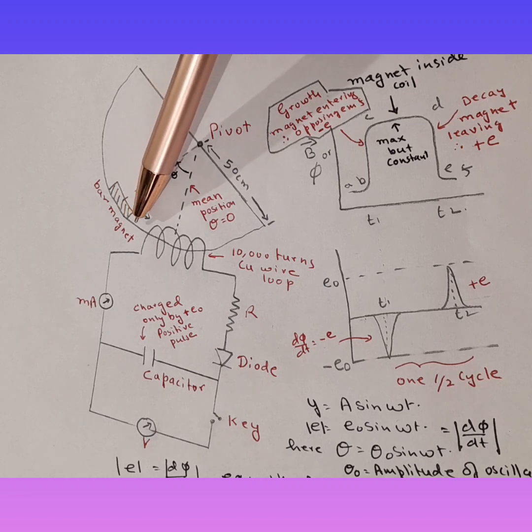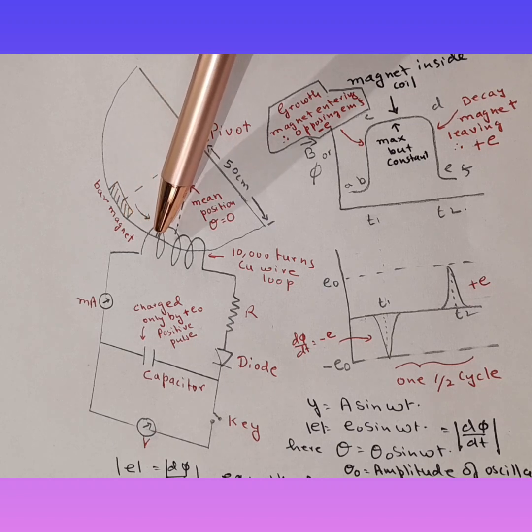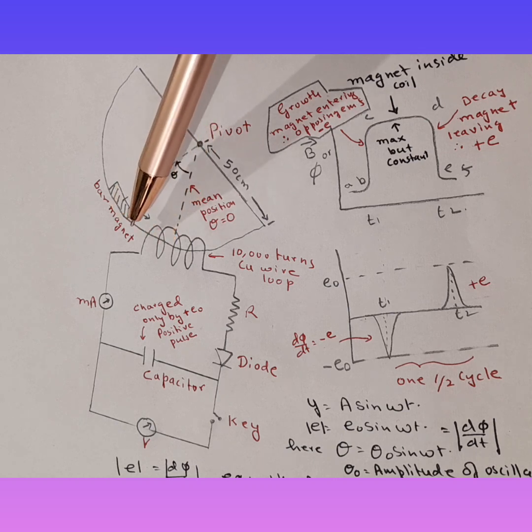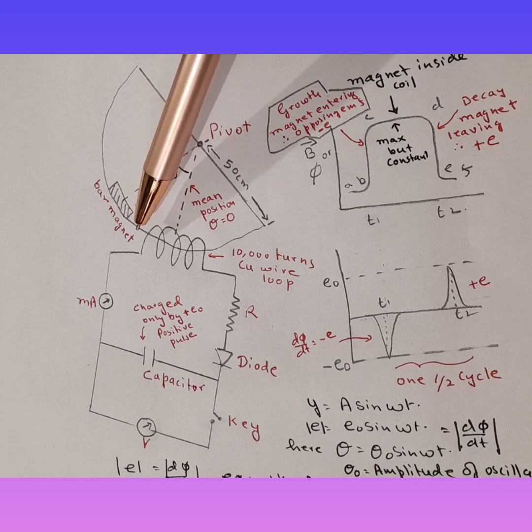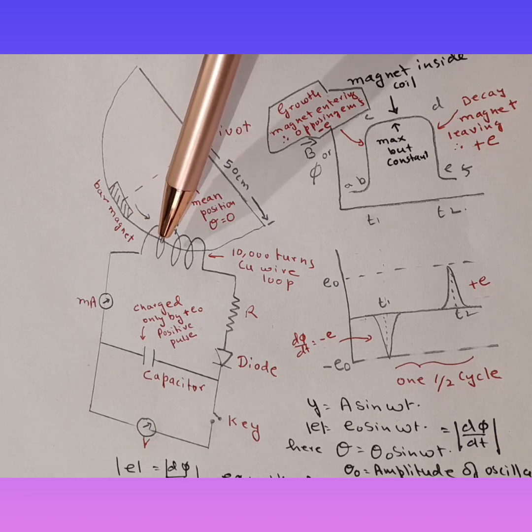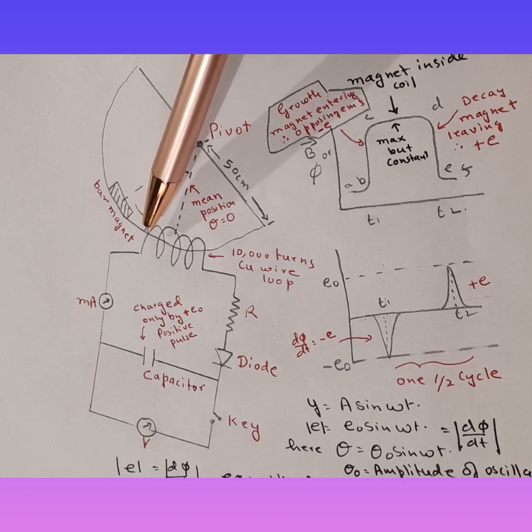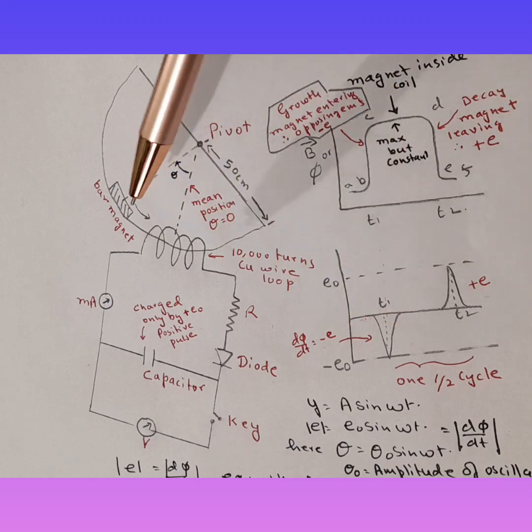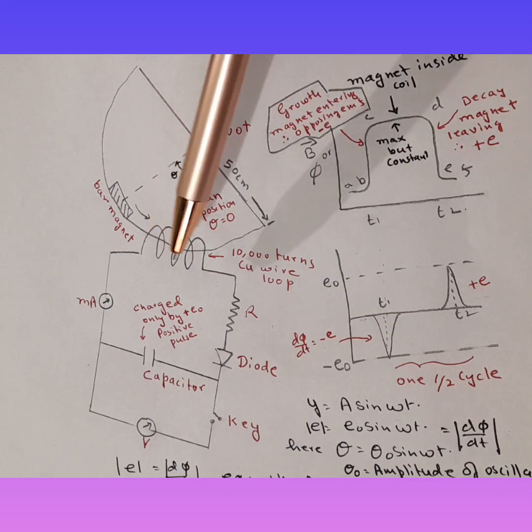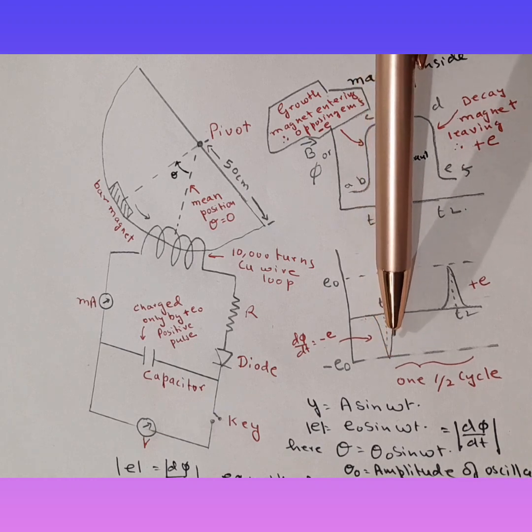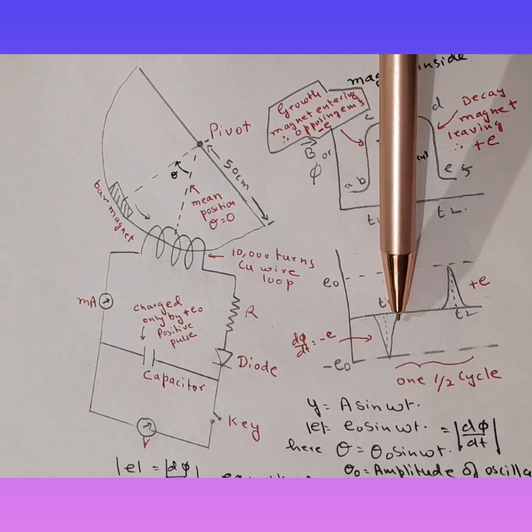Alright, so with this information, let's get into it. When the bar magnet enters the coil, EMF is generated. Why? As it is entering, its lines of force are being cut. So EMF is being generated, but what EMF? It is negative EMF. So that's what we see. Now at time t1, this is what is happening: negative EMF is being generated.